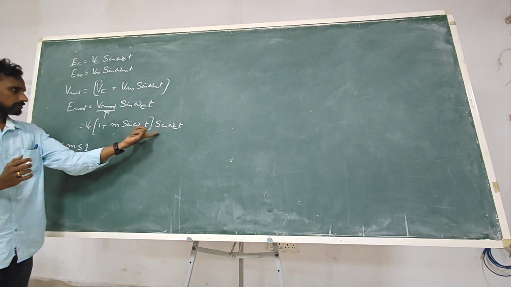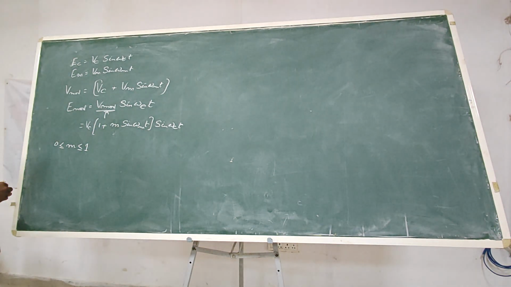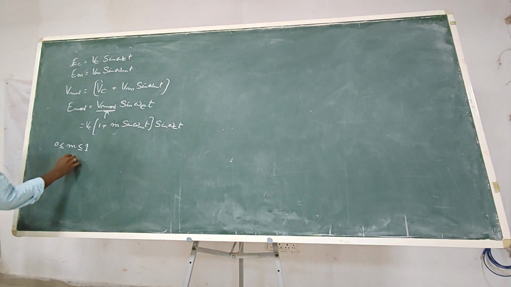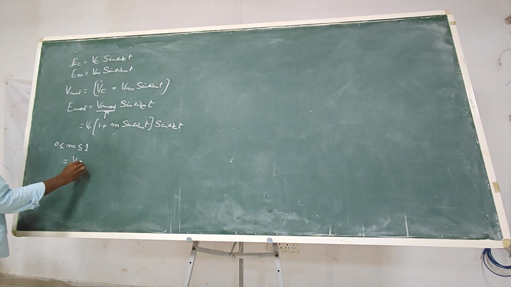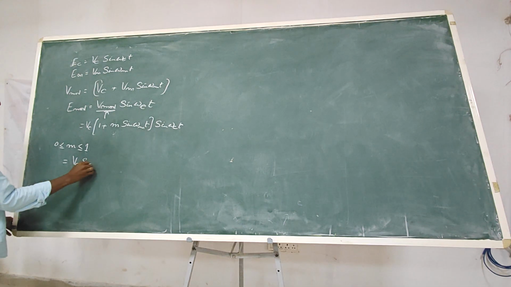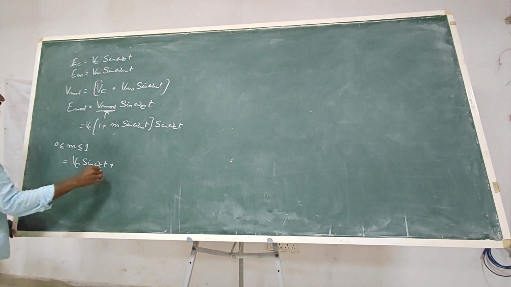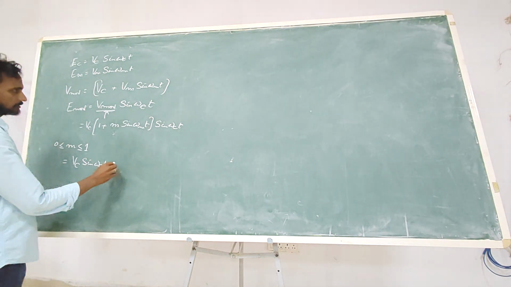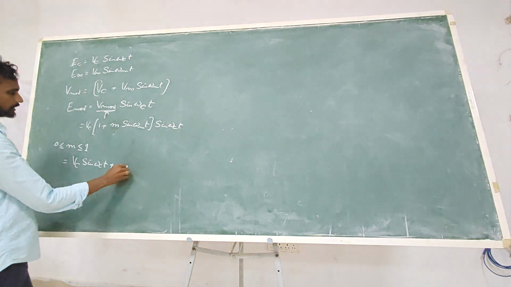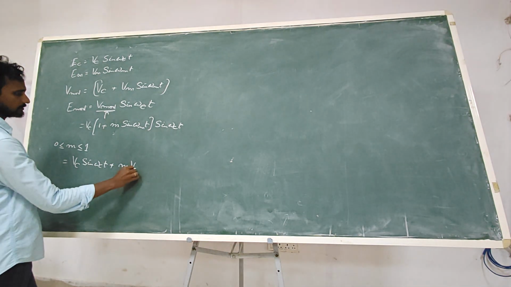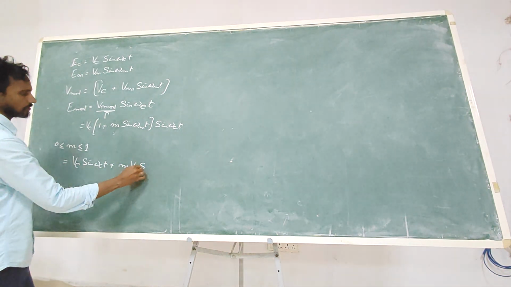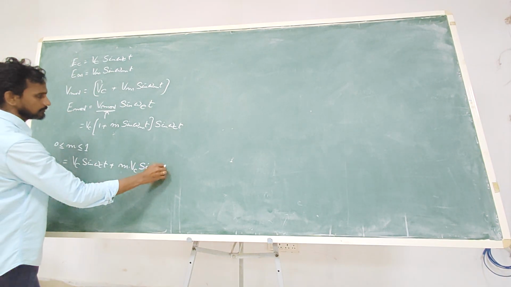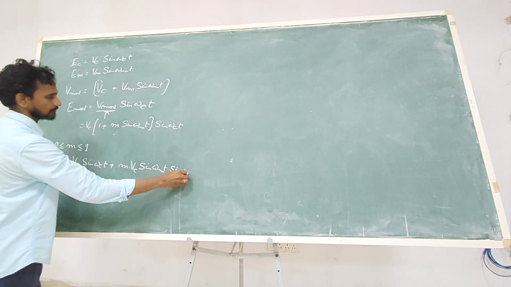So this function, when you complete the multiplication, what do you get? So this is given by Vc sin omega ct plus m times Vc sin omega mt sin omega ct.